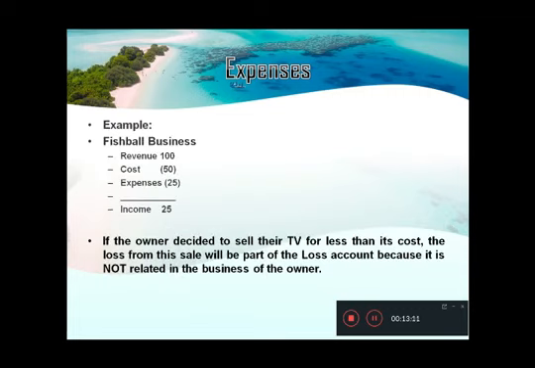So, example po ulit, fishbowl business. Tapos, meron tayong revenue, cost, expenses, and income. Revenue, 100 pesos. Cost, 50 pesos. Expenses ay 25 pesos. At income ay 25 pesos.